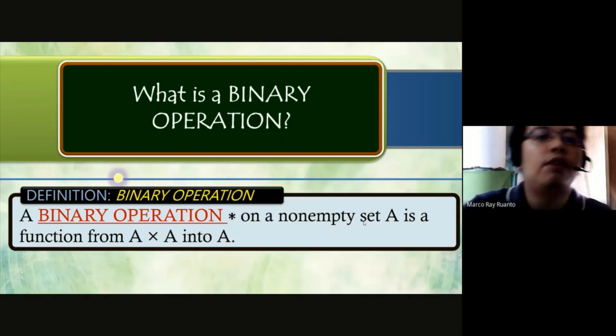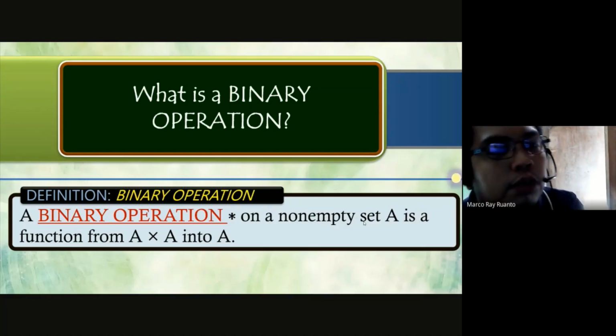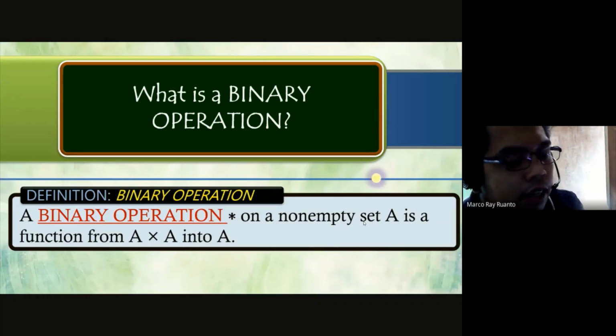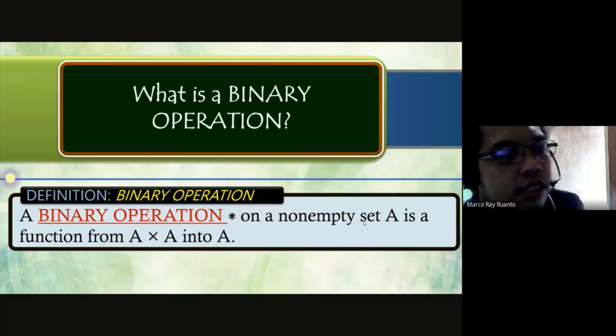When you operate on two elements of a set, with an operation denoted by an asterisk, the answer should also be found in that given set. For example, let us say you have two natural numbers, counting numbers. You perform an operation on the two. The answer must also be in the set of natural numbers. So that is a binary operation.